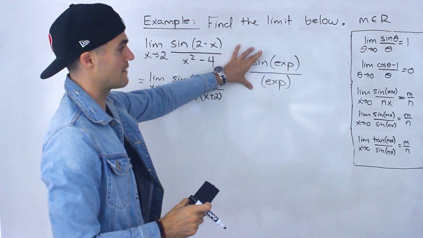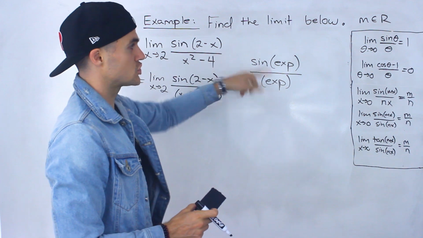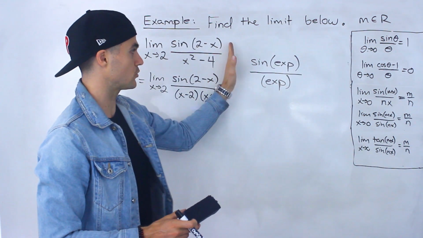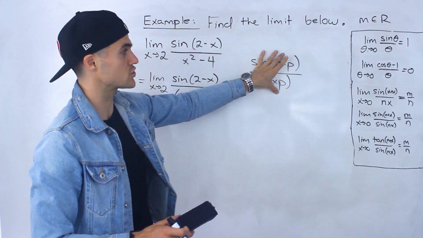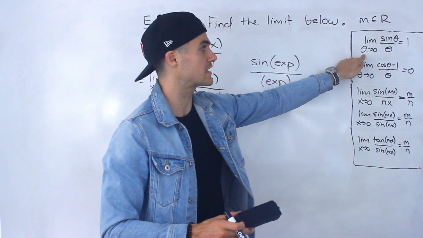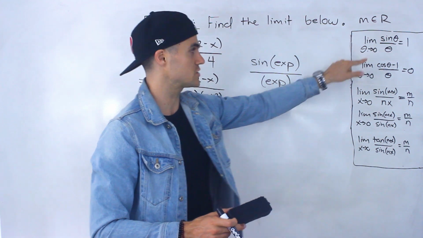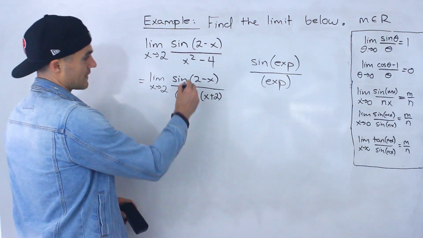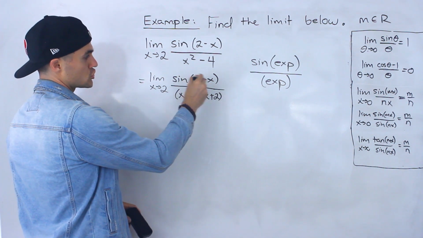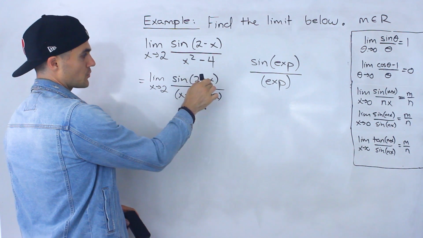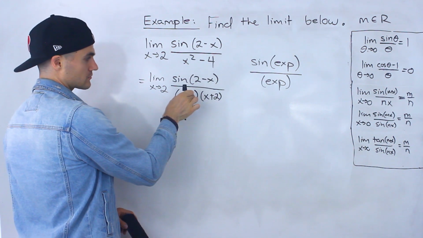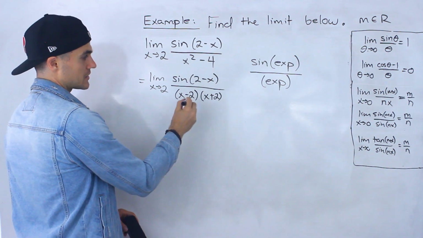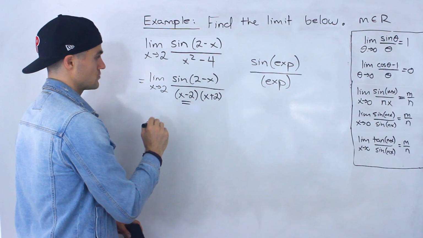Then we can do a change of variable and put it into this format, as long as when x is approaching whatever value, that expression is approaching 0, so that theta is approaching 0. I mentioned that in the previous example. Here we have sine of this expression, 2 minus x, so we need that same expression in the denominator. We're really close: we've got x minus 2, but it's not quite the same as 2 minus x.